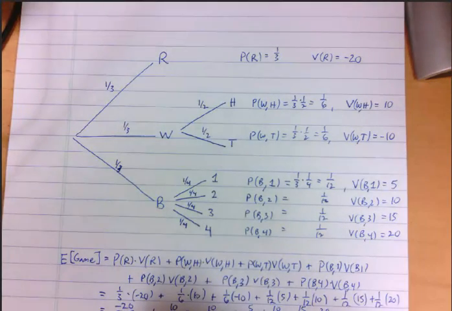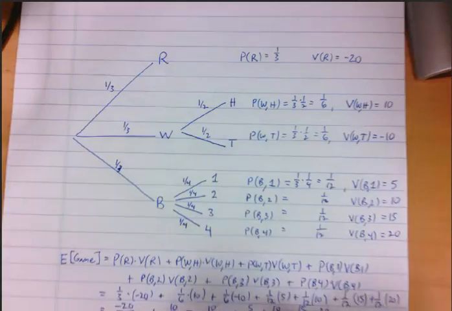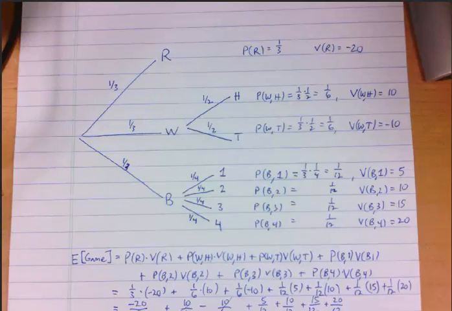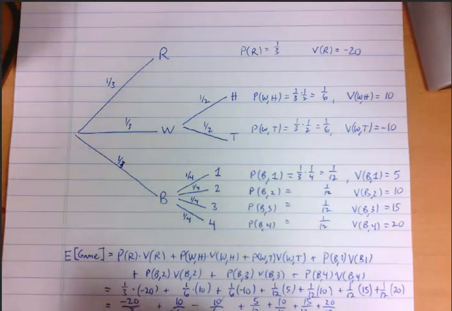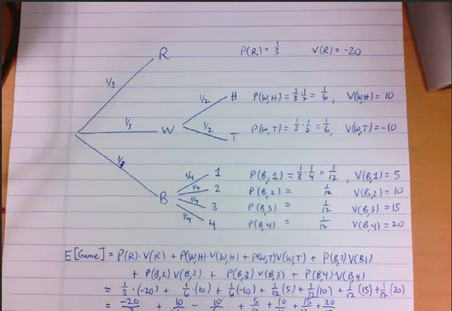Alright, I see that these two will just add to be 0. So now -20/3, I'll just leave for a moment. I see 5/12 plus 10/12 plus 15/12 plus 20/12 is 50/12. So if we want to add those two, we can get a common denominator.